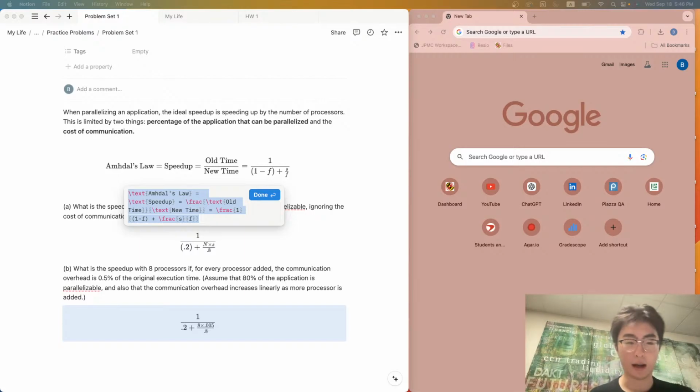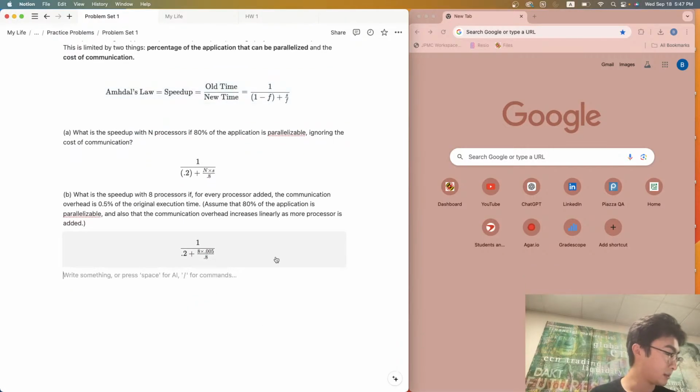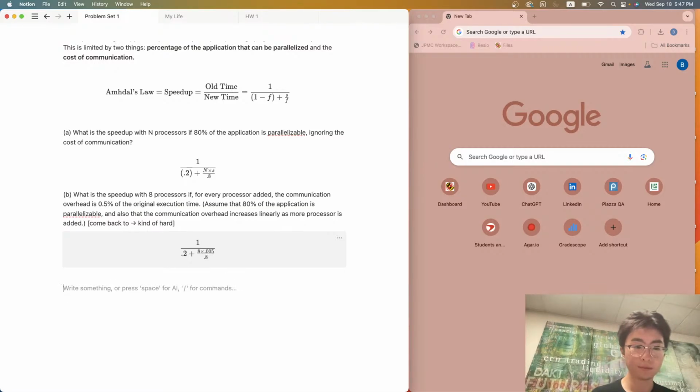Mean time to failure, I totally forgot how to do this. But let's try it. So this one to come back to, kind of hard. Okay. Mean time to failure. I forgot what FIT stands for.